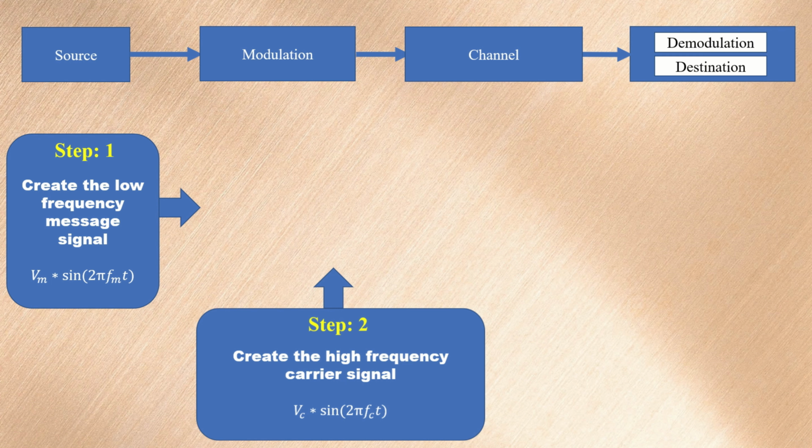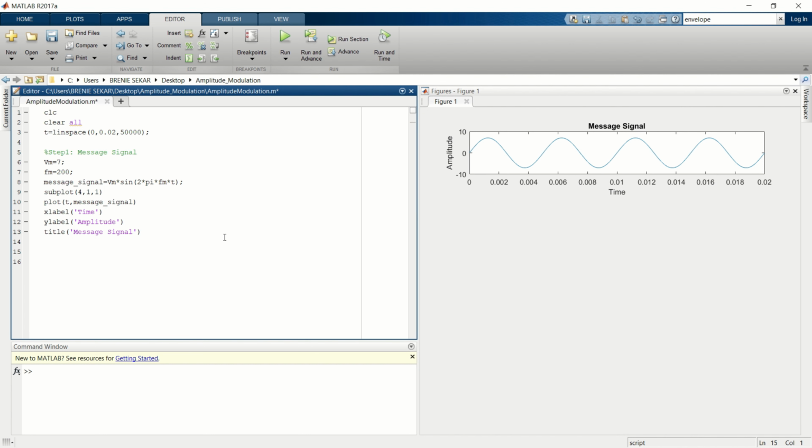The step 2 is creating the high frequency carrier signal Vc sin 2 pi fct. So step 2, carrier signal. Let the amplitude of the carrier signal be 8. Frequency of the carrier signal be 4000.